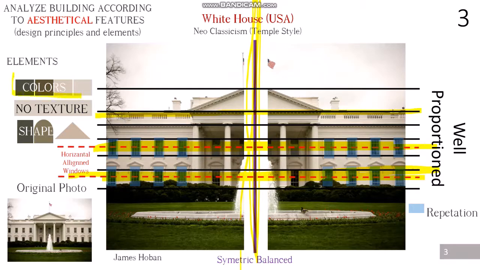The color schemes are the same, generally soft and white colors, and in this building we can't see any texture, just colors, and the windows are the repetitional elements.